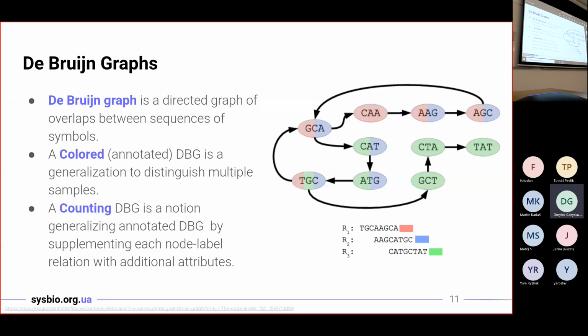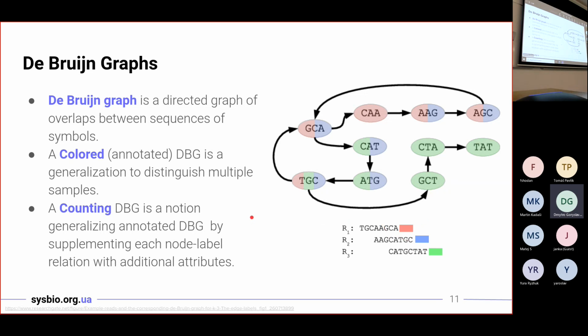I mean, we could store 3 separate graphs for these 3 sequences in this example, but why, if we can store them in one graph and just color the corresponding nodes in the corresponding colors? This means that, for example, this one K-mer is present in all of these 3 sequences, here, here, and here. And this one is present only in the green sequence. It's very simple to understand.